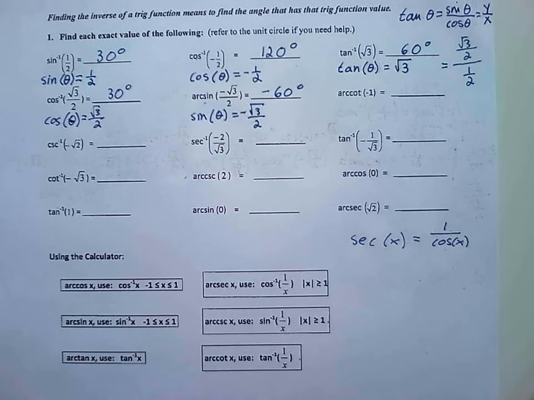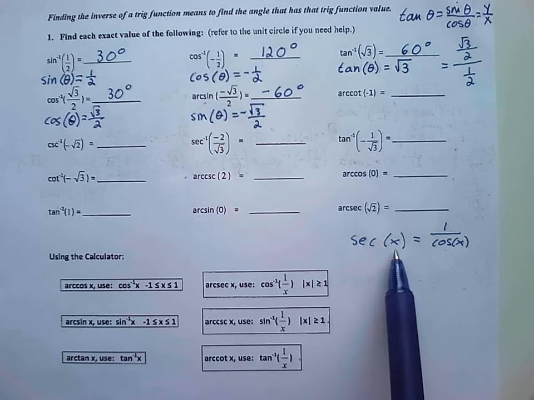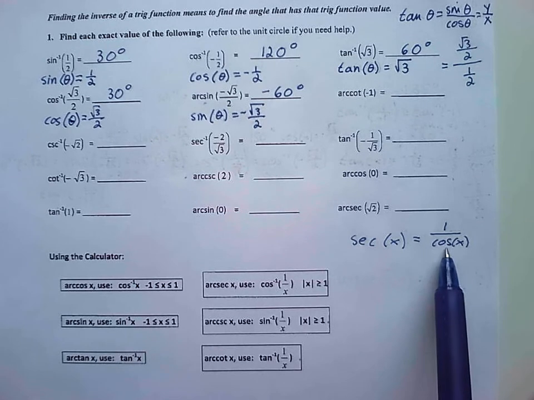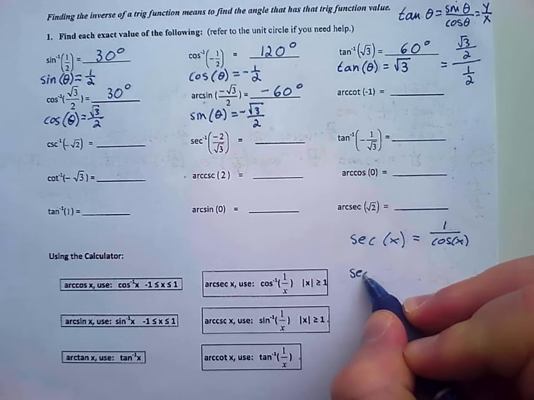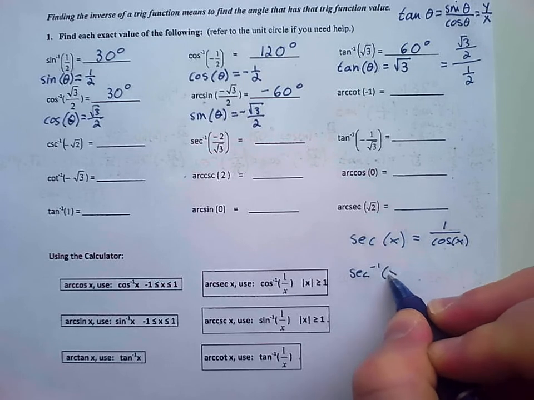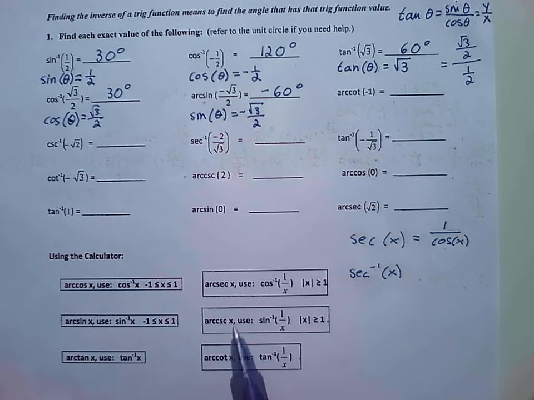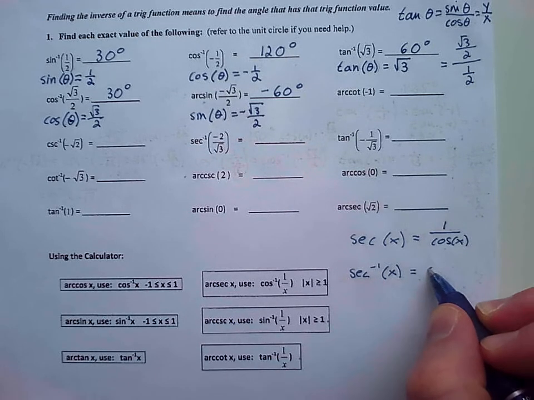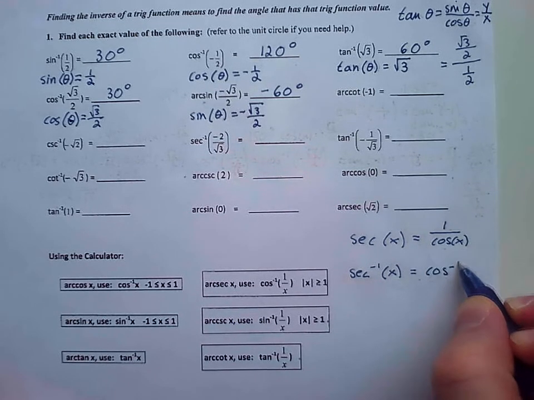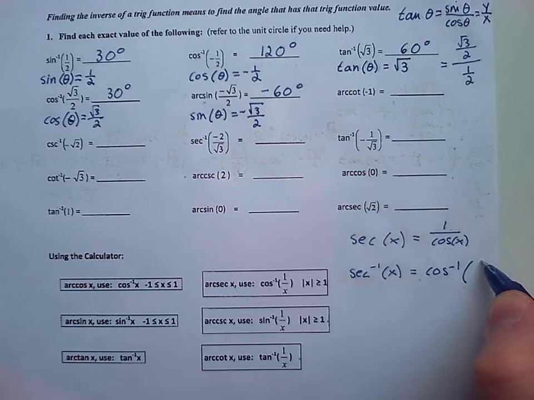That's a trig function that you should already be familiar with. So now what we're saying is that if you take secant inverse of x, which is just the same thing as the arc secant, this is now going to be the same thing as the inverse cosine of 1 over x.